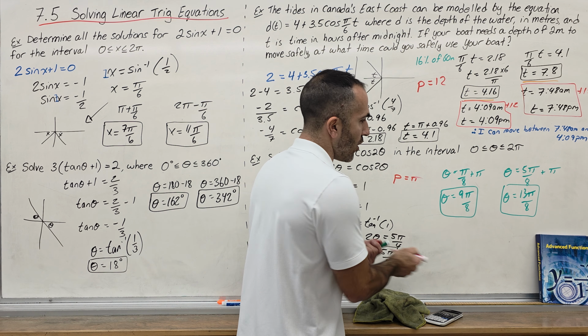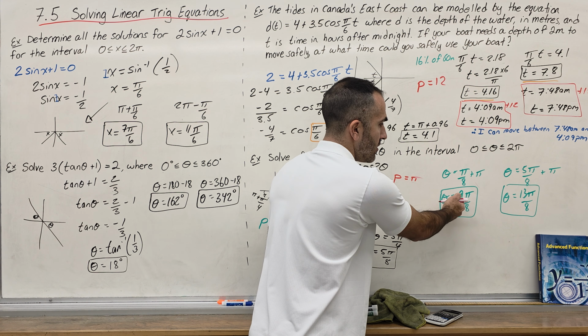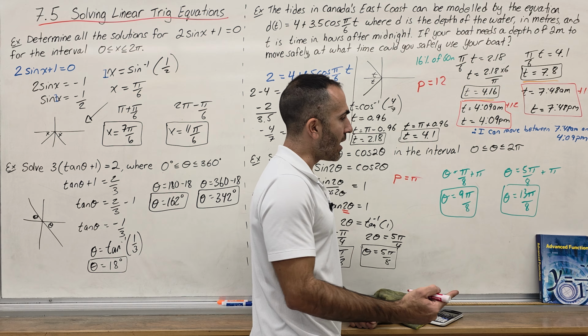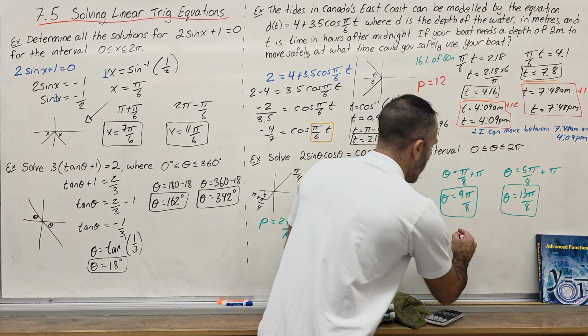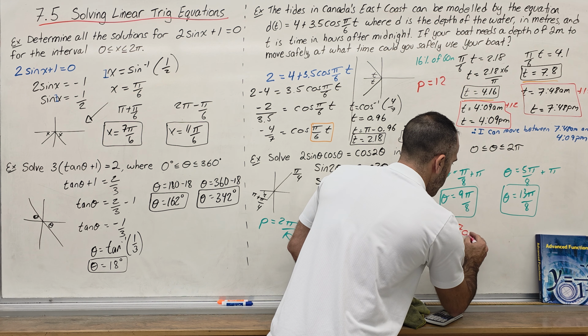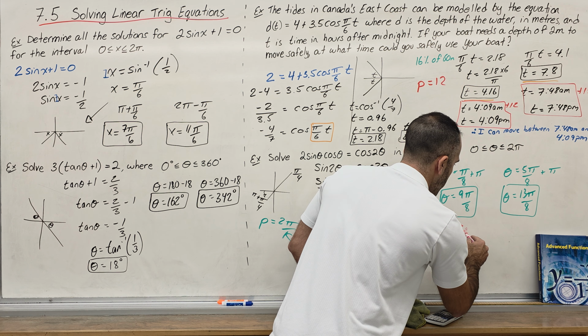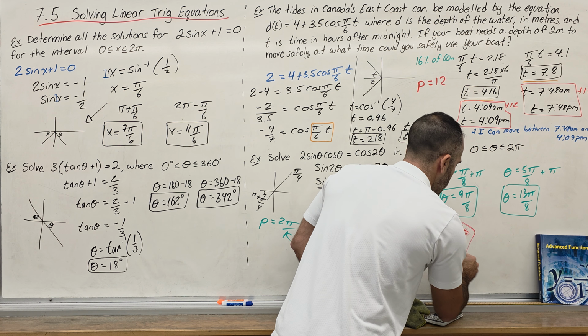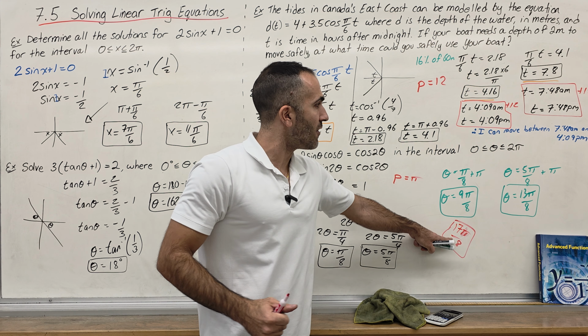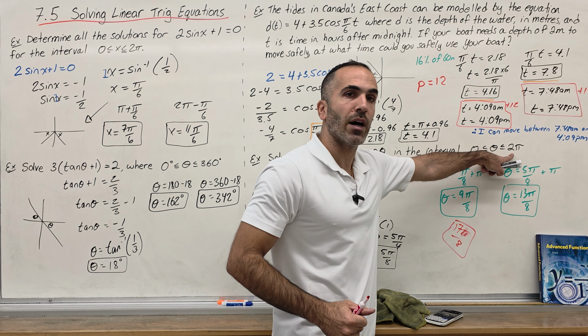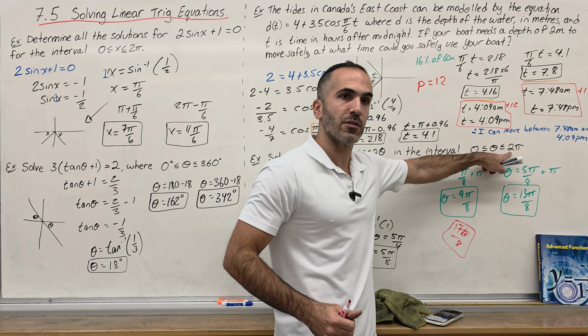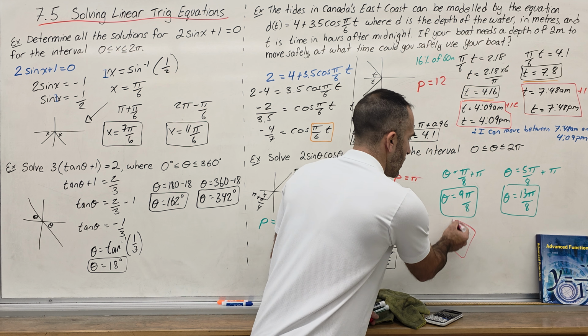You want to keep going. If I go one more and I add another 8 to this numerator, which is another full pi, I'm going to be at 17 pi over 8. This is another solution, but it is outside the range of 2 pi because 16 pi over 8 is my upper limit. So this is not a solution.